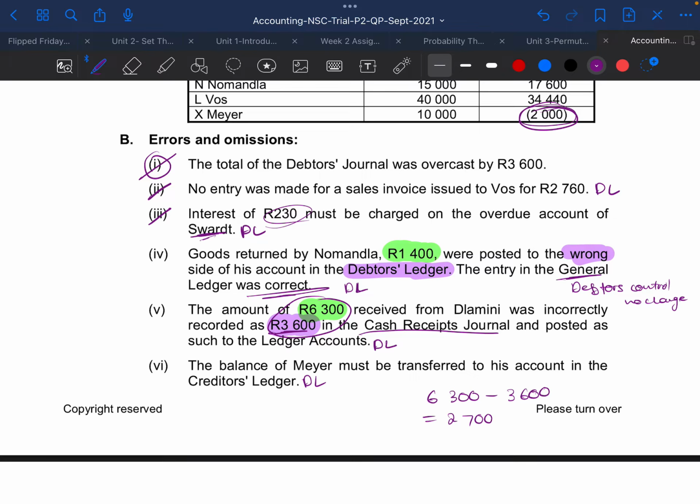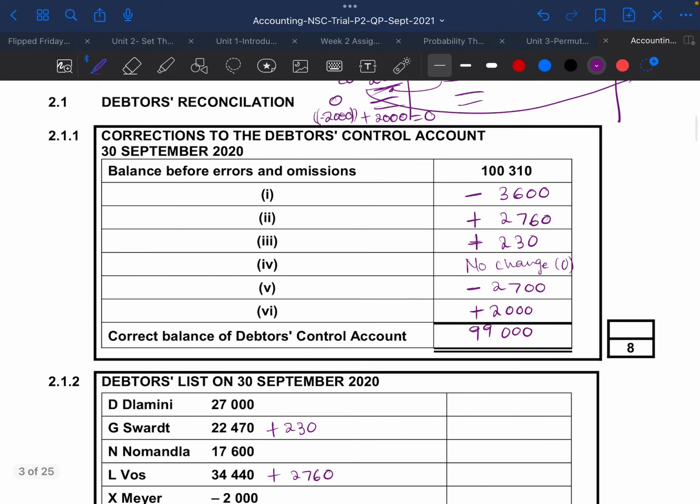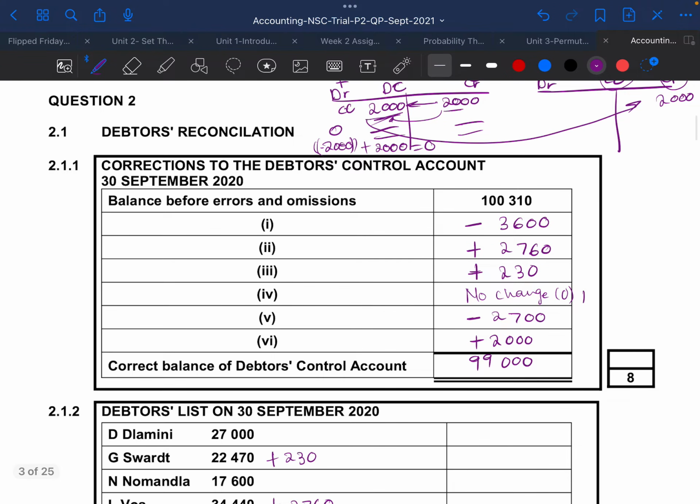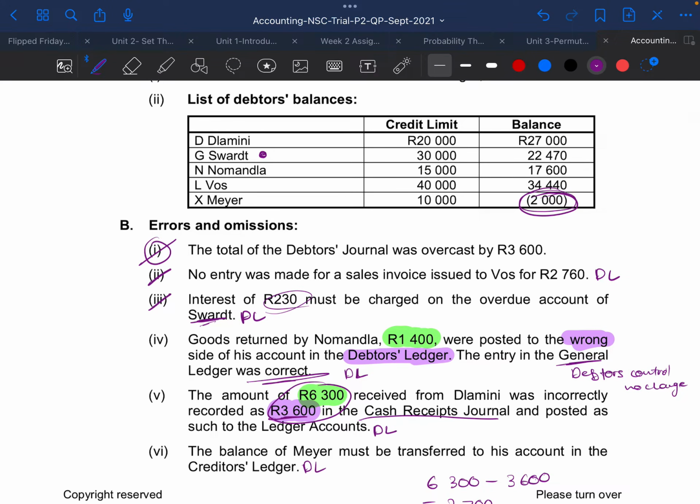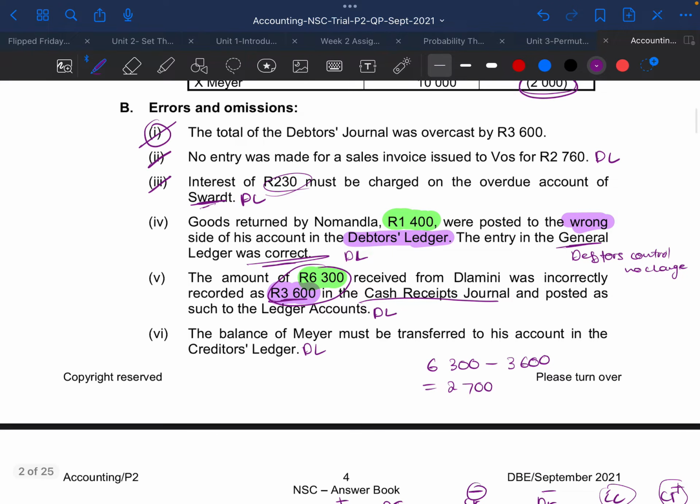This is where we have to adjust, because on our debtors control account there was no change. The entry in the general ledger was correct.